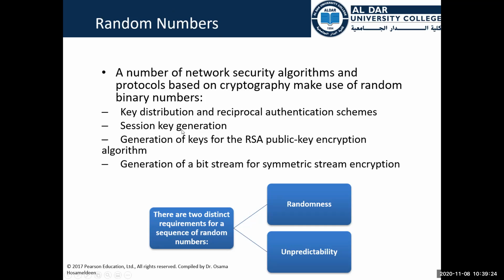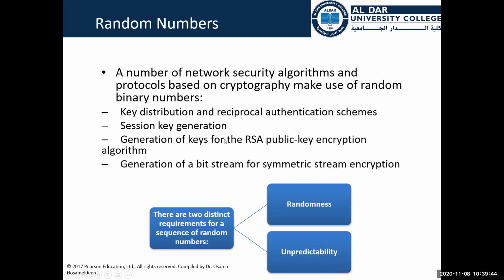Also, session key generation: for each session we need a key to define this session. This also should be random. And also generation of keys for the RSA public key encryption algorithm.